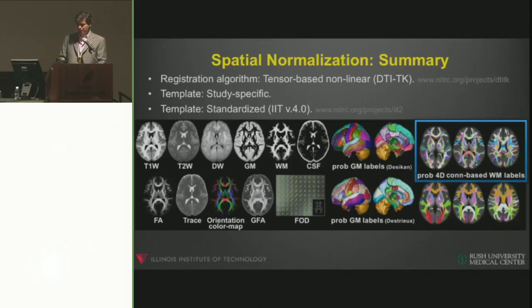It's 4D because we realized that every single voxel probably contains more than one connection. Therefore, each voxel in white matter of this atlas contains multiple labels that correspond to different connections. It's connectivity-based because we are mapping connections between regions of our Desikan version of our gray matter atlas.